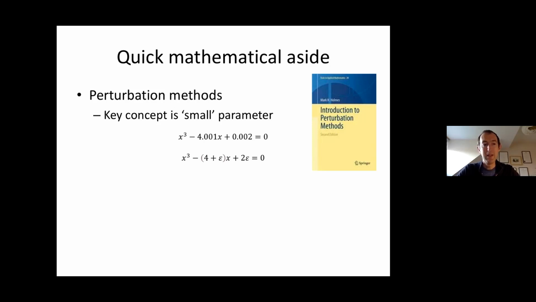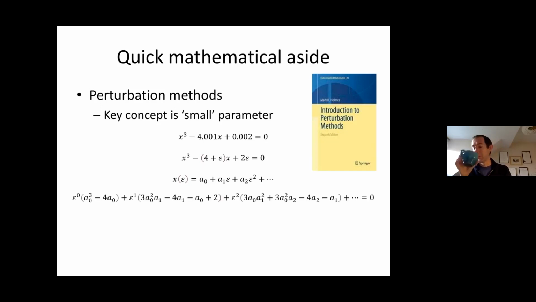The key thing about a perturbation method is that because I can assume epsilon is small, I then assume what's called a perturbation series: that my solution is a function of this parameter in my equation. There are no other parameters, so it's just this epsilon. So I assume it's a power series. This is a good approach because epsilon is small, so these terms become very small very quickly. Once I've done that, I can substitute it in.